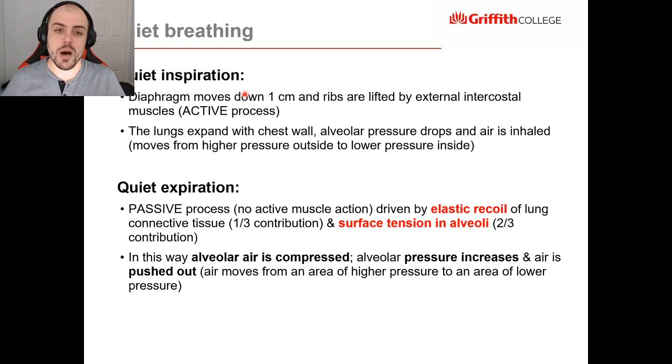We're going to see some minor movements from the intercostal muscles, which is going to cause this expansion of the lungs, and you breathe in. Now, during our expiration, what's going to happen is that elastic recoil is going to pull in. We're going to see that surface tension within the alveoli, okay? This is something that surfactant helps to decrease, but we don't want to get rid of all of it. That's important, okay? We still need a little bit of this because it helps us to exhale.